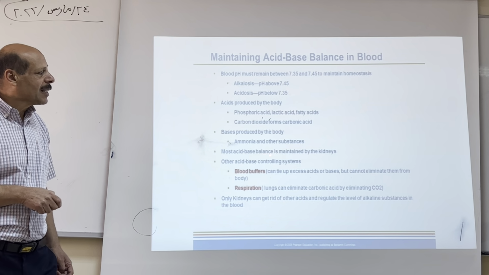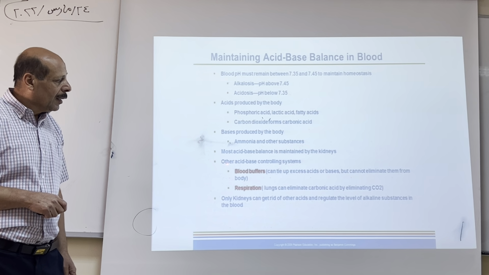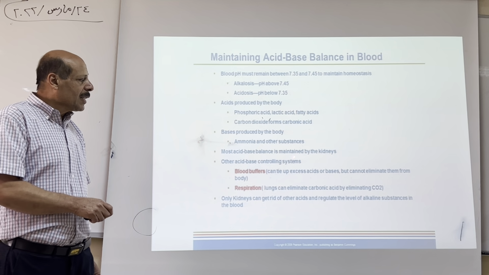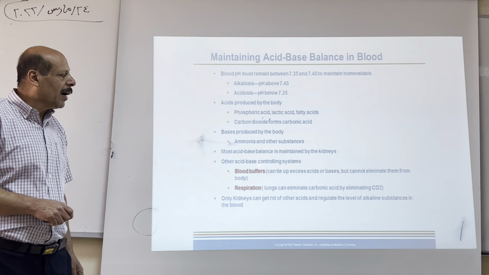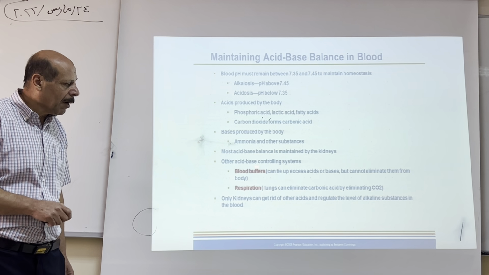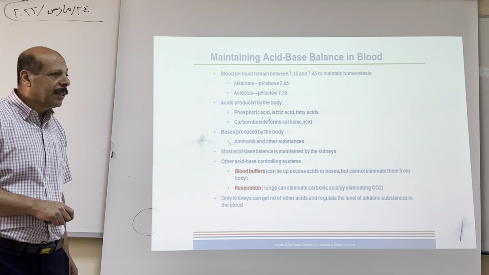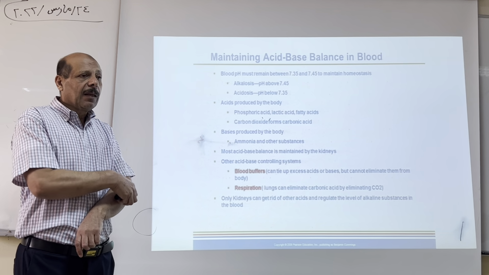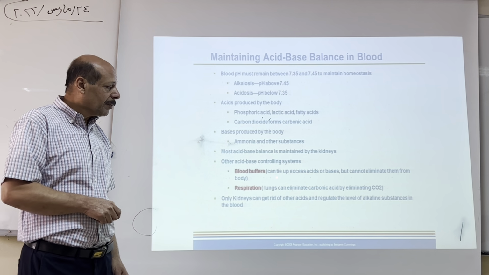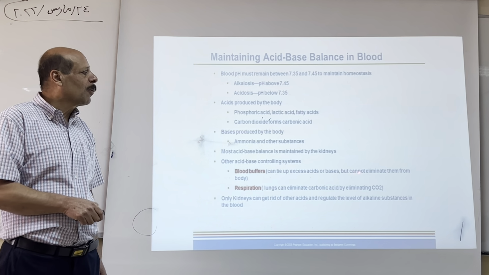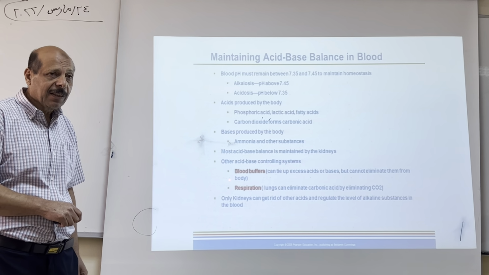Most acid-base balance is maintained by the kidney. The other controlling system is the blood buffers. They can neutralize excess acid or base, but they cannot eliminate them from the body.